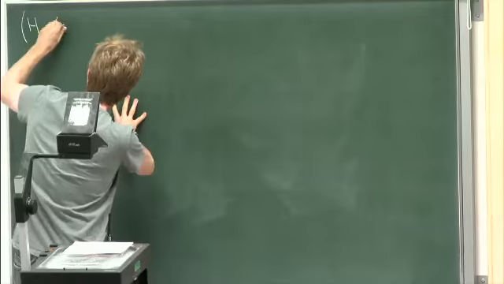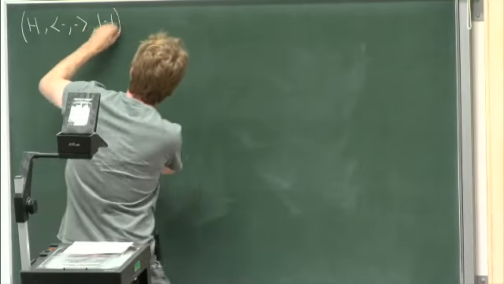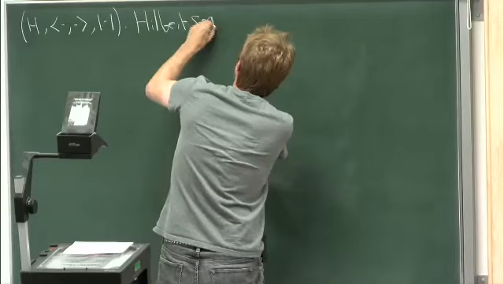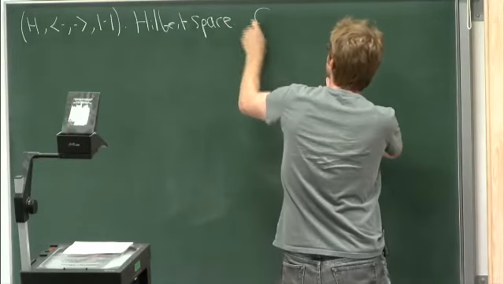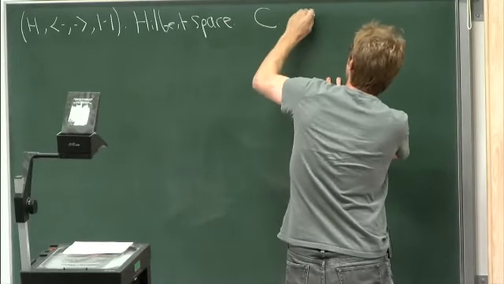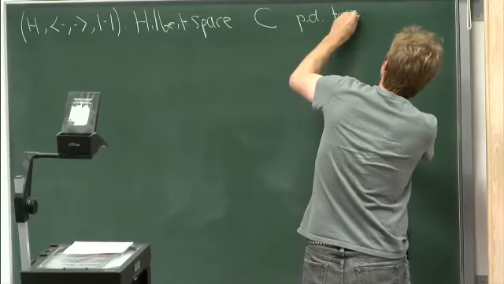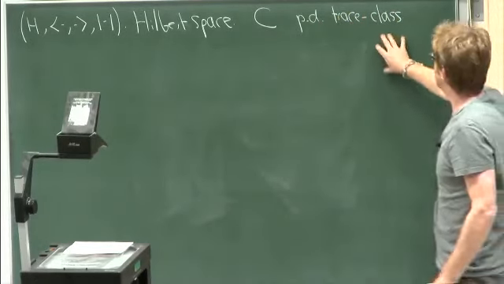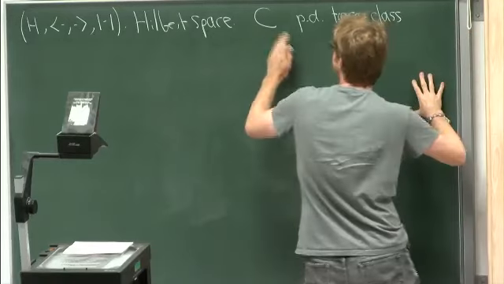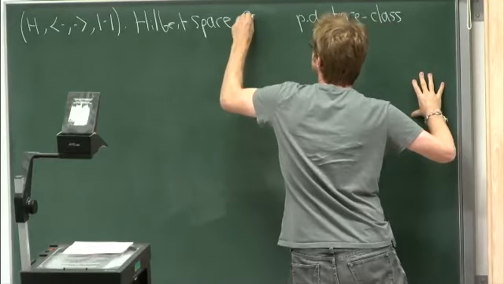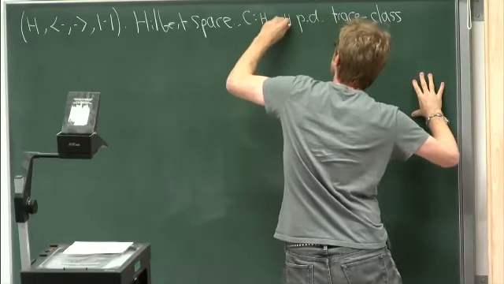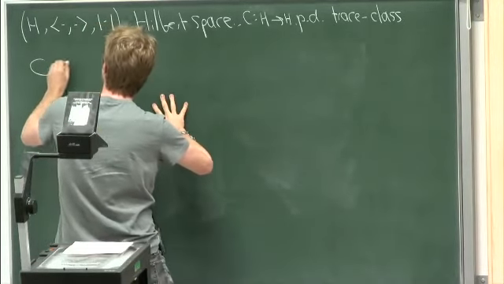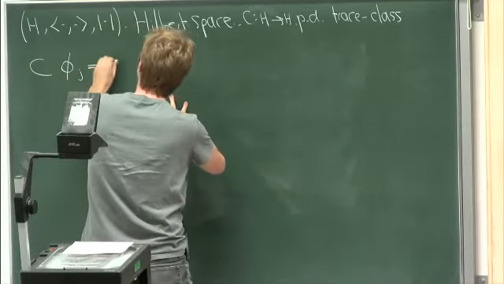So I'm going to have this inner product setting, Hilbert space. I'm going to let C be a positive definite trace class operator from H to H, which means the sum of its eigenvalues is finite. And let me introduce some notation for those eigenvalues and eigenfunctions.